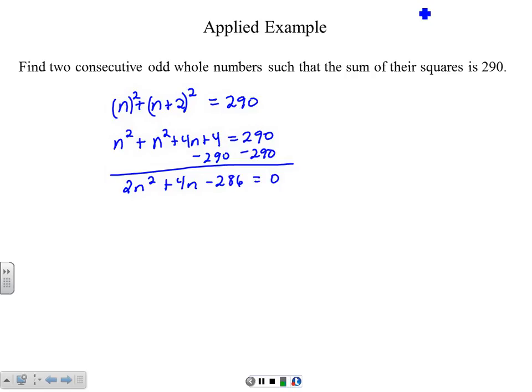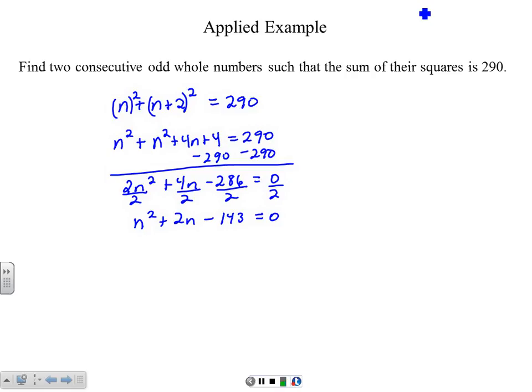Alright, so I'm going to do the quadratic formula on this one. Actually, if you wanted to divide everything by 2, you could. It's not necessary, but you still could. We have n squared plus 2n minus 143 is equal to 0.